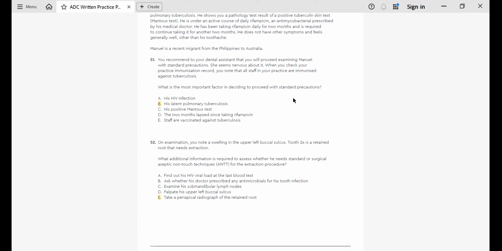The question is asking you what is the most important factor in deciding to proceed with standard precaution. His HIV infection, whether positive or negative, doesn't make a difference to you, but his latent pulmonary tuberculosis makes a difference to us, right? Because if this was not latent but active, then it would be transmission based precaution, isn't it?